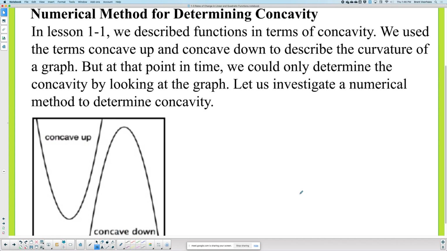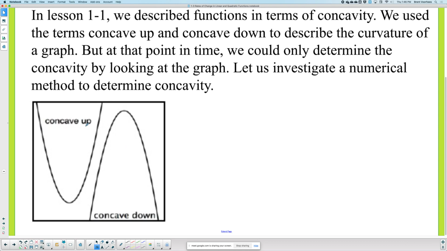So, in lesson 1.1, we talked about concavity. And if something is concave up, what does that tell you about the AROC? Okay, so I'm going to do this over here. And we learned that if it's concave up, AROC is always increasing.